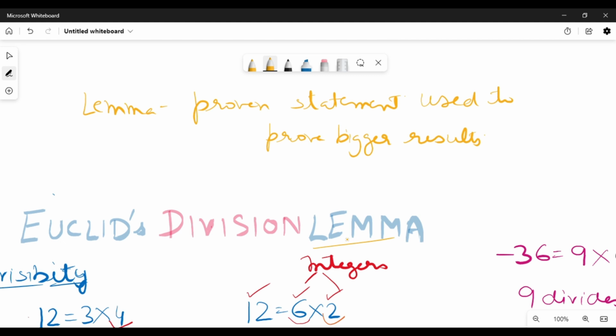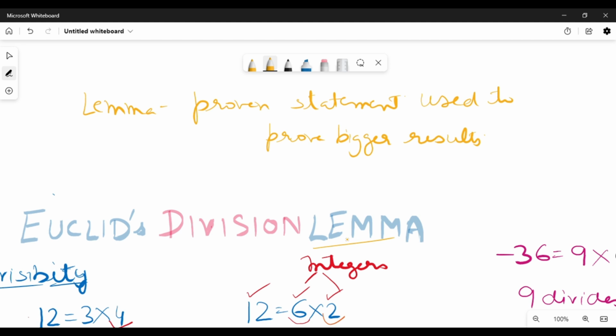Now, who was Euclid? Euclid was a famous Greek mathematician who has given so many contributions in the field of geometry. In the field of algebra also he has given so many contributions, and one of his contributions in this field was Euclid's division lemma.